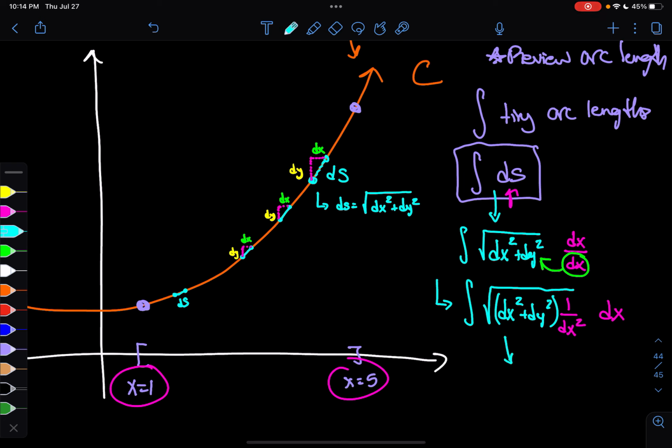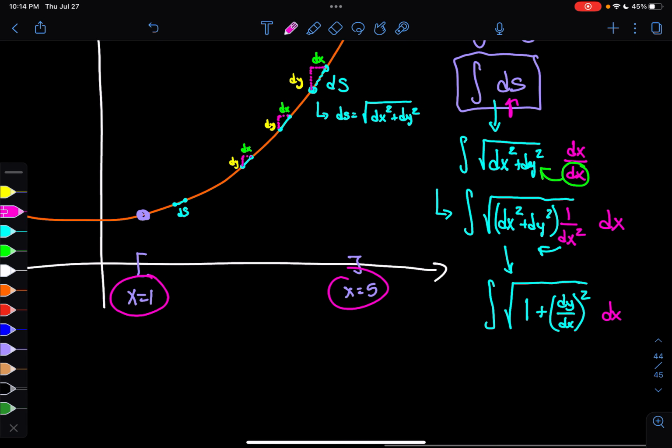Because the arc length here just becomes the square root of, well, if I distribute in that 1 over dx squared to everything, I'm going to get a 1 plus dy dx squared with this dx on the outside. And this isn't so bad because this right here is just the derivative of our curve C, right?